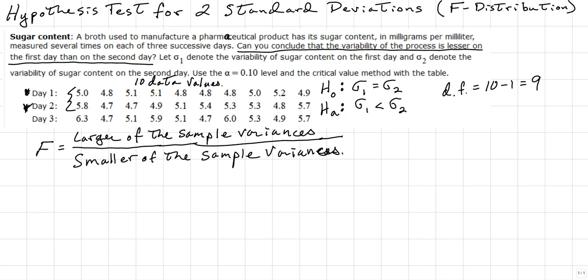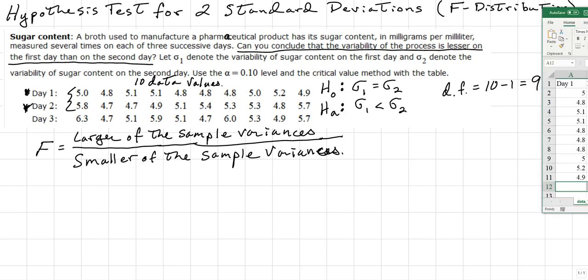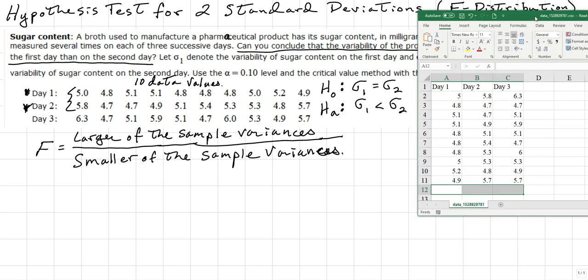I'm going to use technology, and I'm just going to simply use Excel because it's pretty easy to do. And so I bring in my Excel spreadsheet, and you'll notice that I've already populated the spreadsheet with the data values from day 1, 2, and 3. So the first thing that I want to do is calculate the sample variance for day 1.